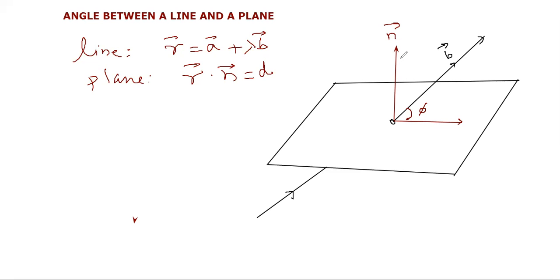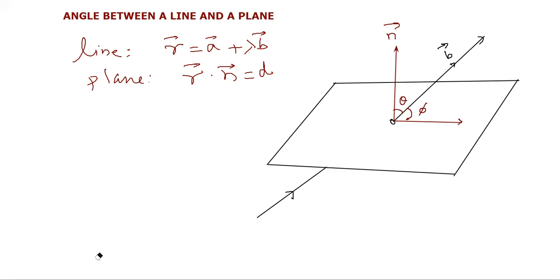So what we will do, this is 90 degrees. This normal is always perpendicular to any line lying on the plane. So we will find the angle between these two vectors, because we know vector b is given and vector n is given. From these two vectors, we can find the value of angle cos theta.